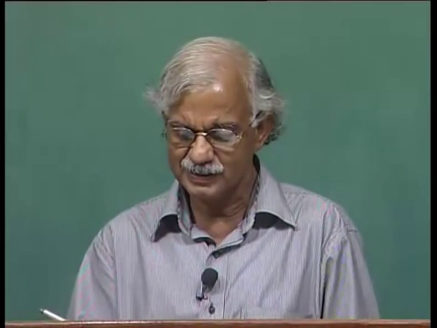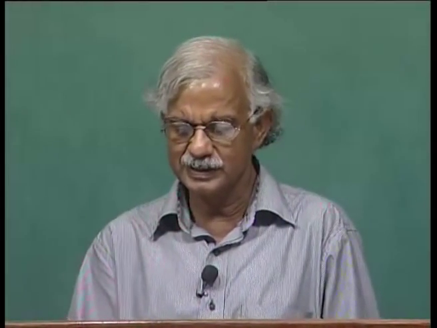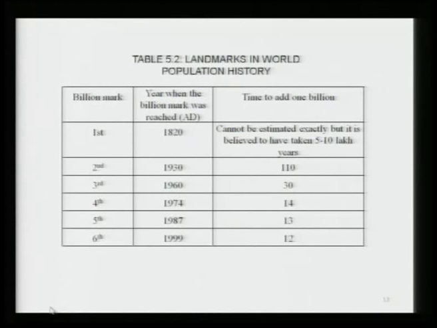But when population started growing so fast that it takes only 110 years and then only 30 years, then 14 years, then 13 and only 12 years to add 1 billion.